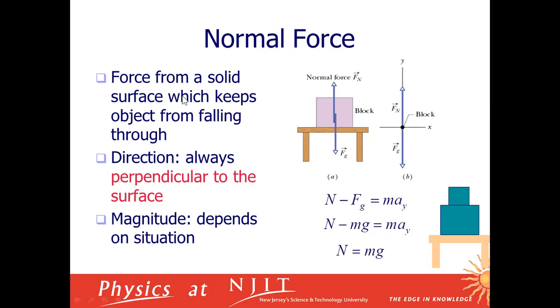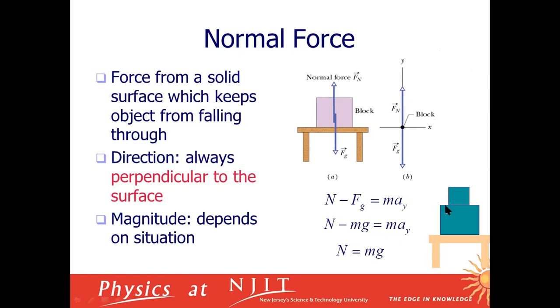Now let's focus again on this diagram. On this part, you will see the free body diagram of the block. Your normal force is pointing upwards, while the weight of the block is pointing downwards.